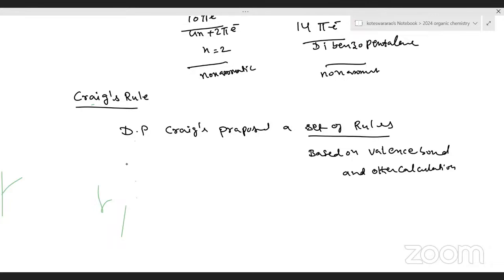Here I am going to take one example, and based on that, I will explain. Now, you take the pentalene. In the pentalene, assign the double bonds.